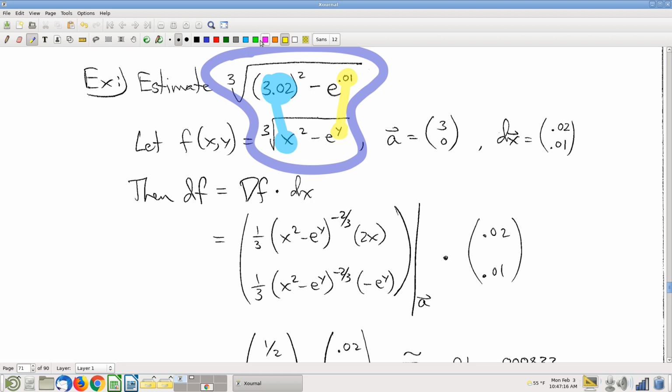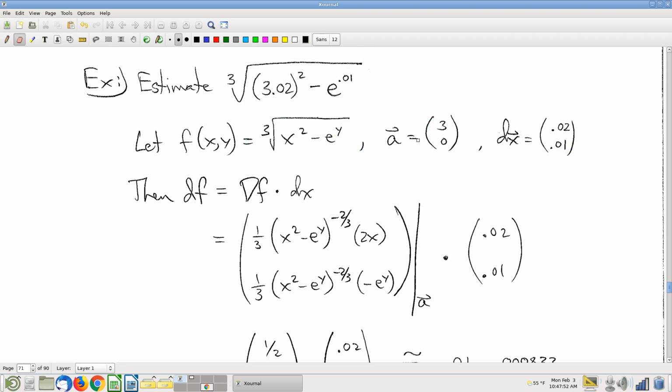And what you'll notice is that the x that I'm interested in is that 3 that I like plus that dx. And the y that I'm interested in is this 0 that I like plus that dy. So, very familiar sort of setup. I've rewritten a numerical calculation as a multivariable function with a point that I like and then a very small differential to get to the point that I actually care about. Okay, and that's all plug and chug from here.